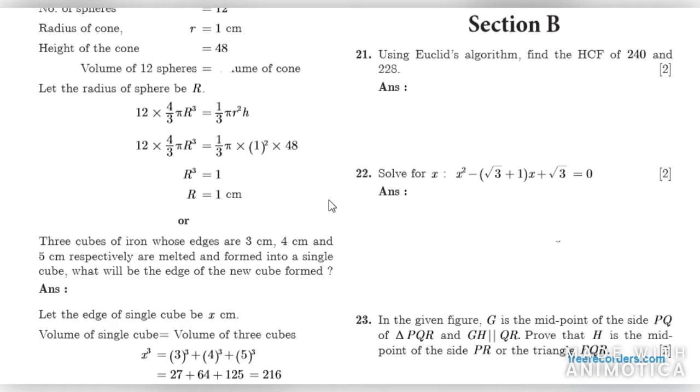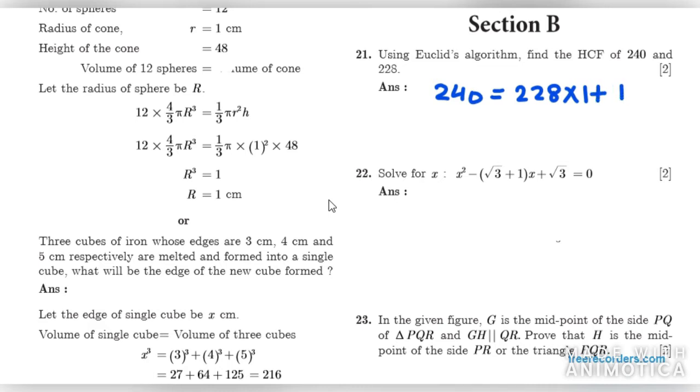It says using Euclid's algorithm find the HCF of 240 and 228. So that means my A is 240 and my B is 228. Now 228 times 1 is 228. So subtracting 240 and 228 gives us 12.